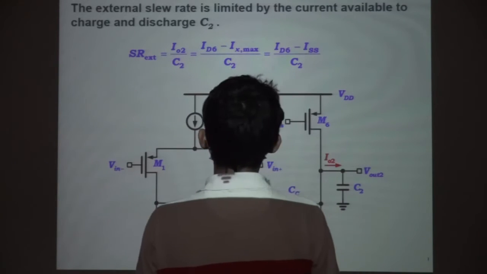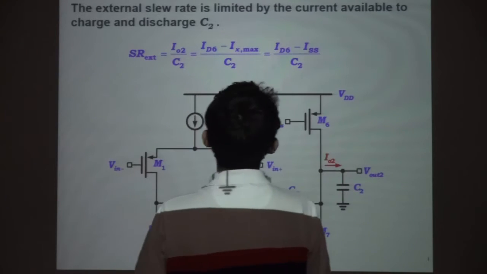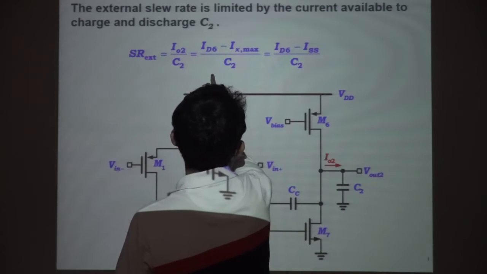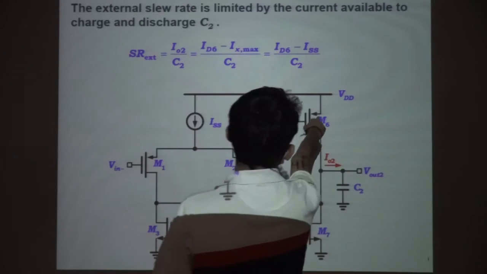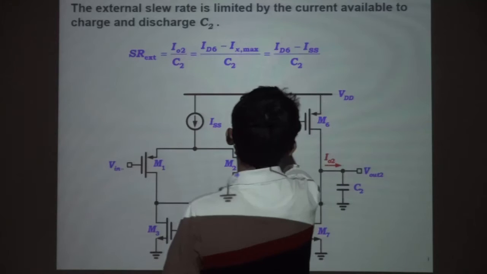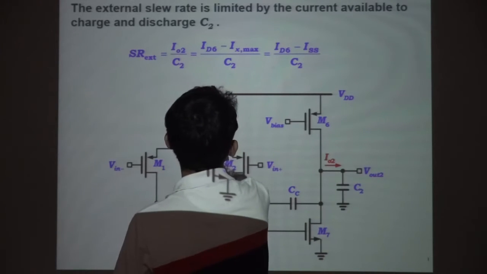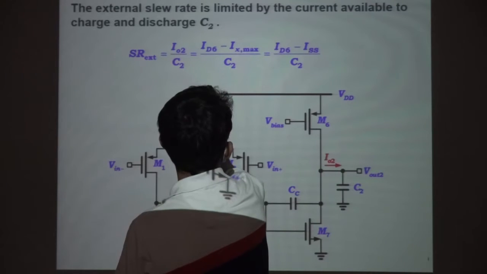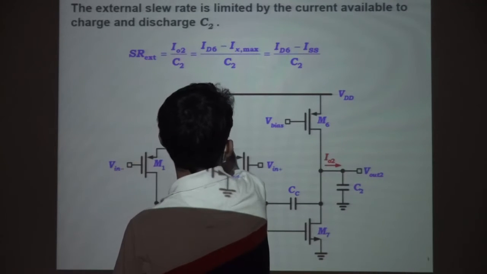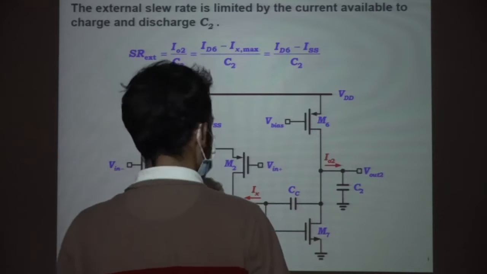Explain the equation. Here ID6 is the current from here, and ID maximum is here, and ID maximum is equal to ISS, the supply current, source current. Okay, thank you.